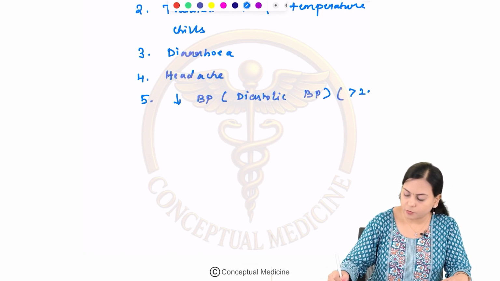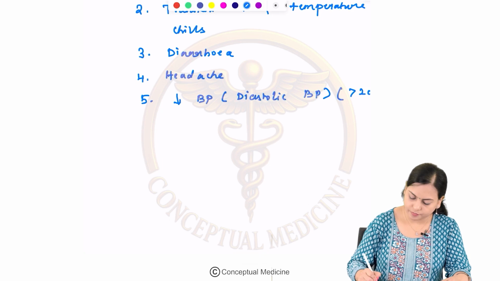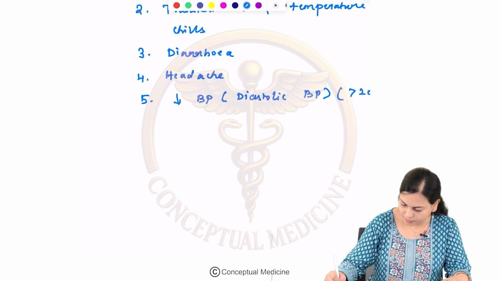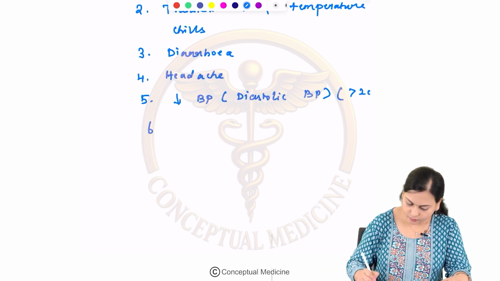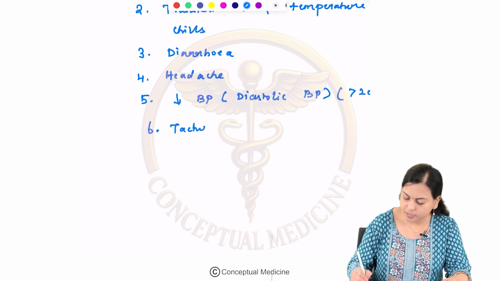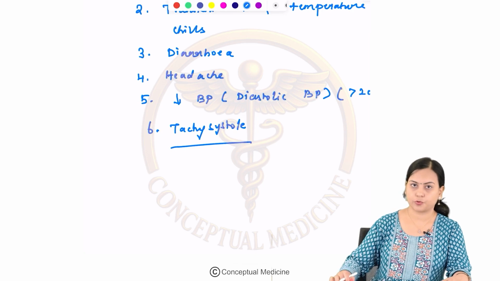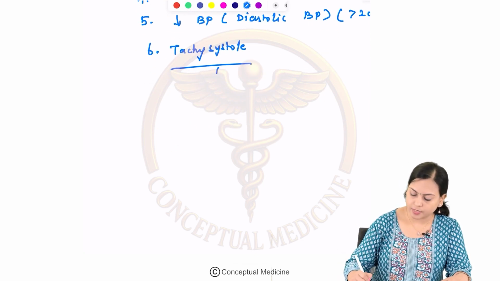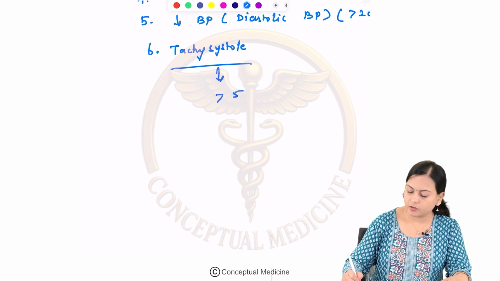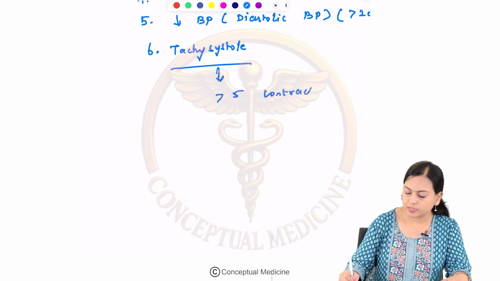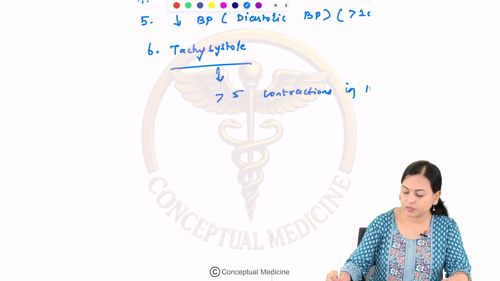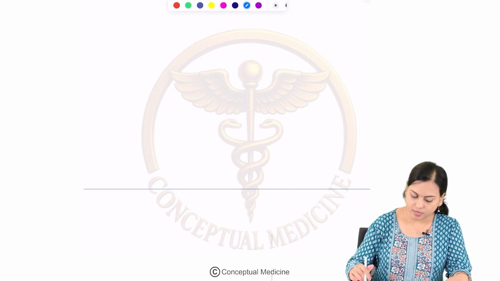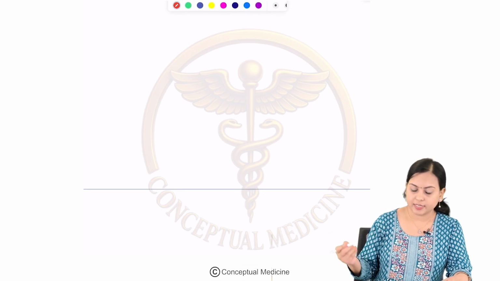There can be a fall of more than 20 millimeters of mercury even. Then there can be tachysystole, especially with vaginal misoprostol. What does tachysystole mean? There will be more than 5 contractions in 10 minutes. Clear? Now, we will see about prostaglandin E2.